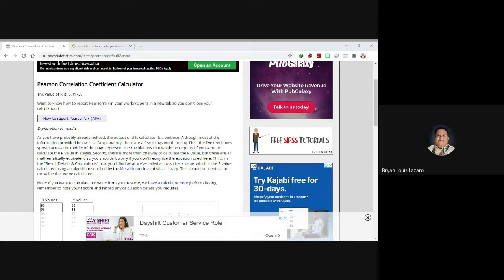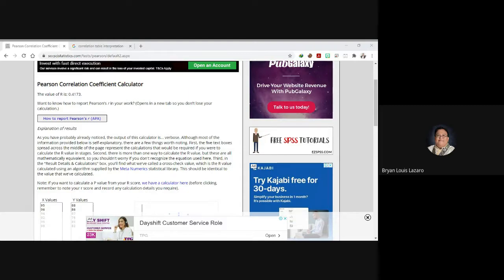Last but not the least, hindi ko nalagay kasi sa listahan, would be the, anong tawag doon? Thematic analysis. This goes for open-ended questions.